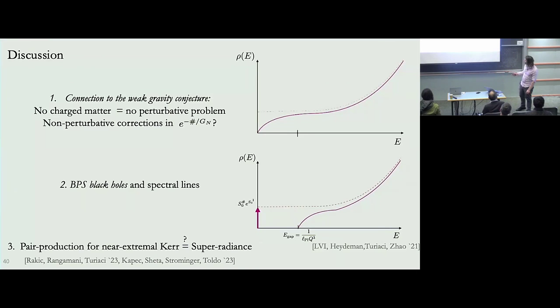The question is whether the pair production rate can be seen as computing the super-radiance rate very close to extremality, including quantum effects. For near-extremal Kerr geometries, the perturbative quantum gravity effects on the partition function were discussed in these two recent papers, but I think it would be interesting to redo the calculation for Hawking radiation.